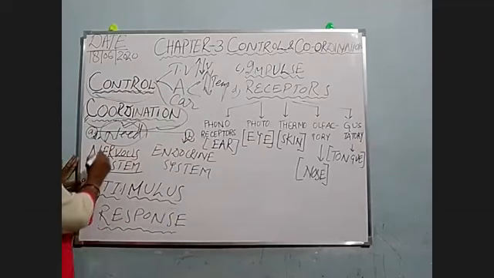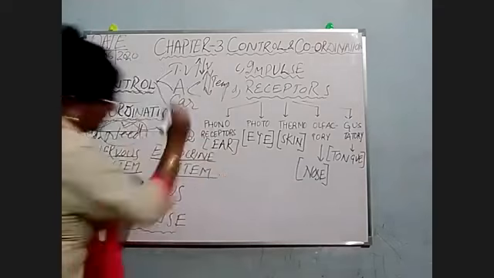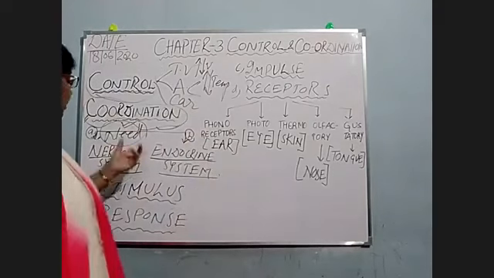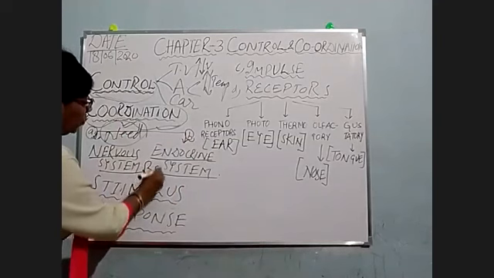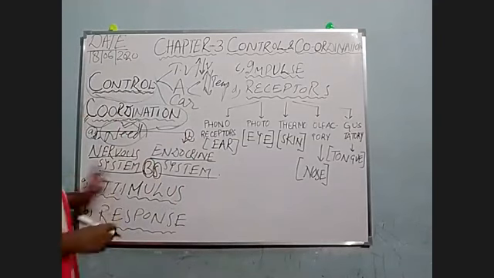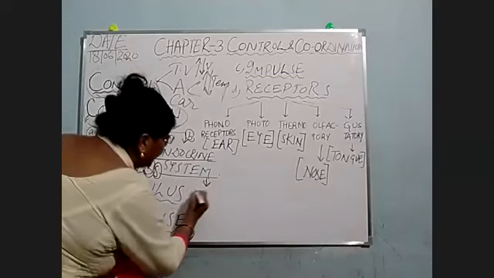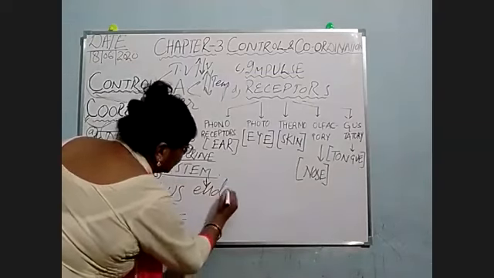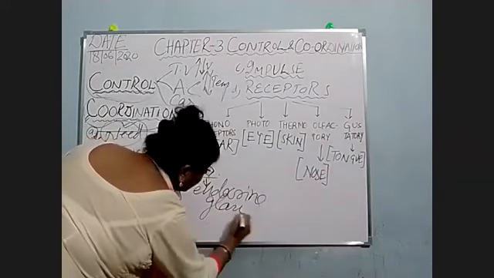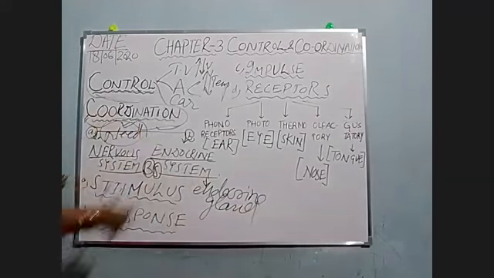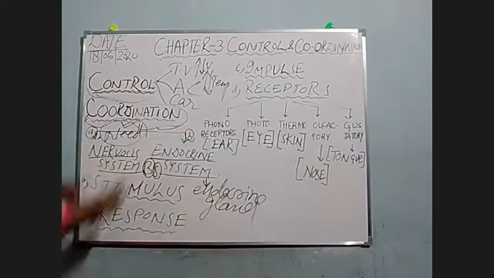Number 1, nervous system, and number 2, endocrine system. Nervous system includes brain and spinal cord, the 2 main components of nervous system, and endocrine system contains endocrine glands. With the help of these 2 systems, the control and coordination takes place in our body. So these 2 are responsible.